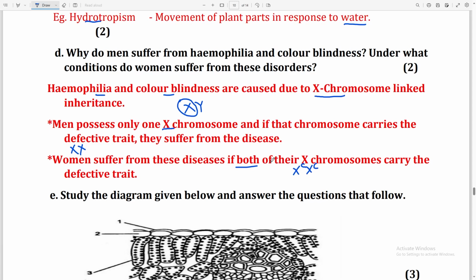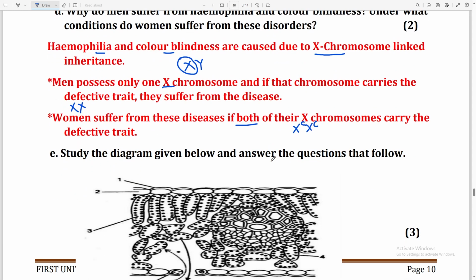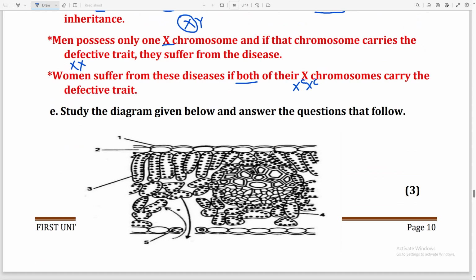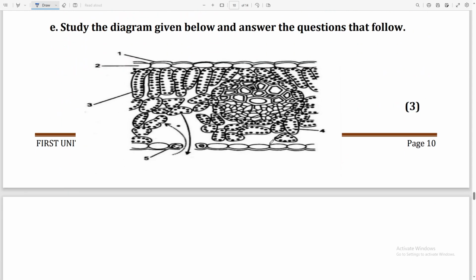Study the diagram given below and answer the questions that follow. Identify the diagram. This is the section of the leaf. Is it a dicot leaf or monocot leaf? This is a dicot leaf because it consists of the two kinds of mesophyll cells, the palisade mesophyll and the spongy mesophyll, and location of the stomata in the lower epidermis.